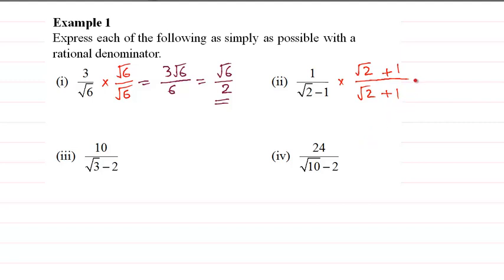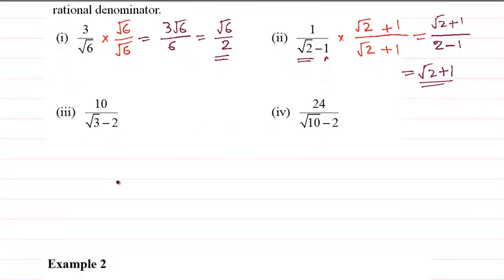Then this is equal to, it's always going to be the square of the first one, which is 2 in this case, always minus sign, square of the second number here, which is 1. So that's the denominator, 2 minus 1. Top is just that, root 2 plus 1, which can be written as just root 2 plus 1, because we're dividing by 1.